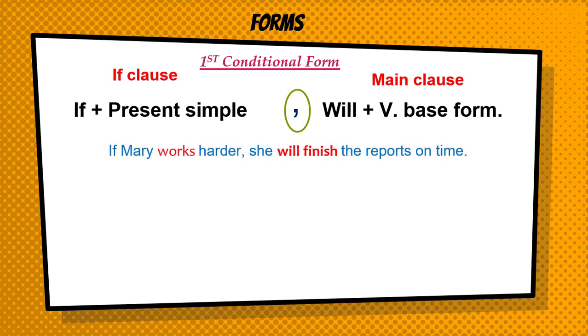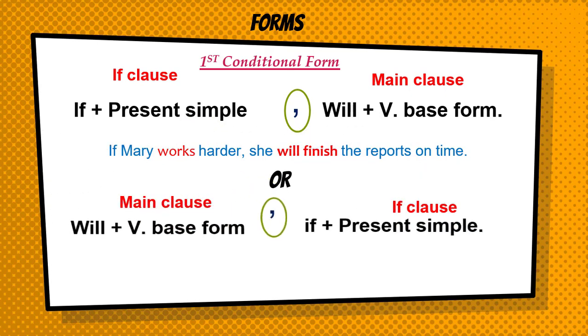Yes, if we take a look, we will find out that the main clause, the verb starts with will plus the verb in the base form. For example, if Mary works harder, she will finish the reports on time.